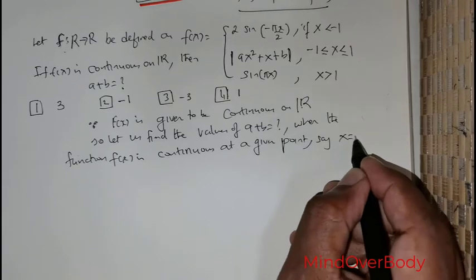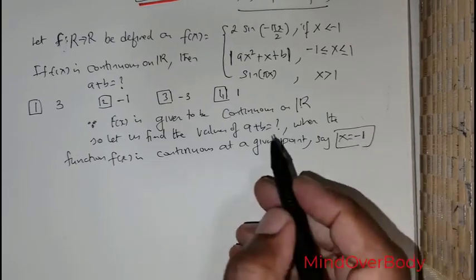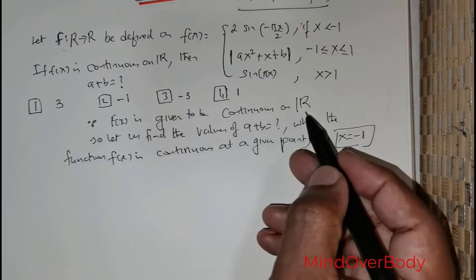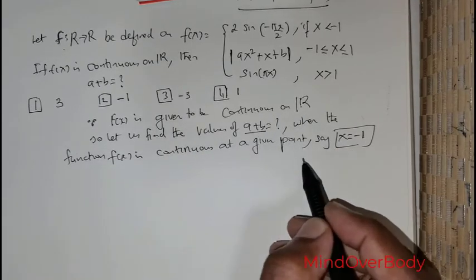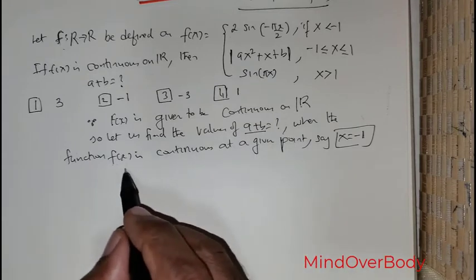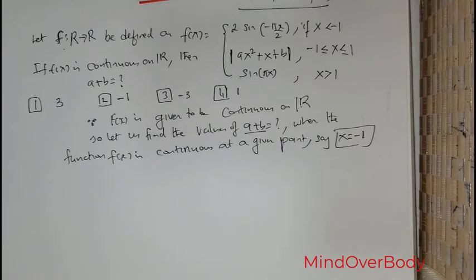Say x is equal to negative 1. So it is given that f of x is continuous on R. So in order to find the value of a positive b, I'm going to consider the function at this particular point x is equal to negative 1. In other words, I'm considering the continuity of the function at that particular point x is equal to negative 1.